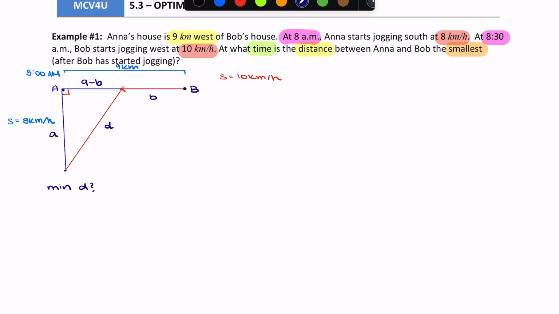Let's write let statements on a few things. We'll let A represent the distance Anna traveled, in kilometers. We'll let B represent the distance Bob ran, in kilometers.